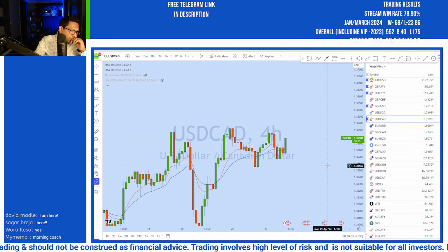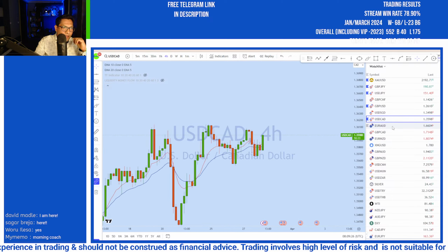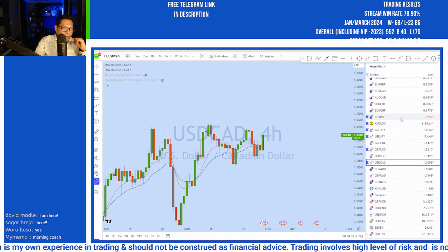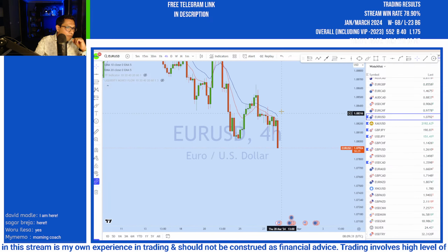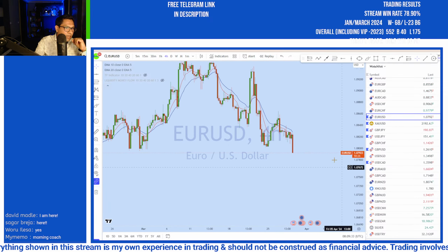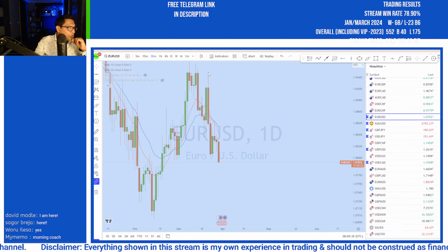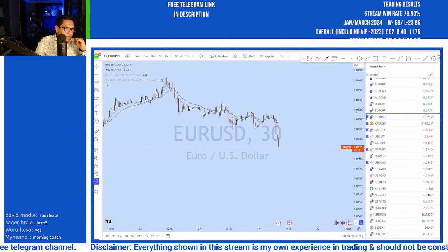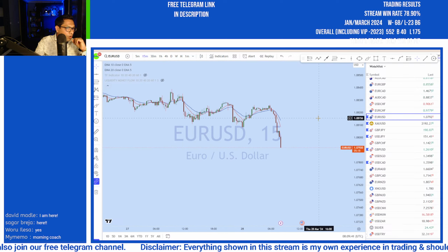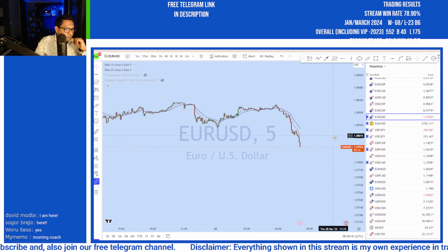Dollar CAD and all the instruments, euro dollar, it's melting completely to the downside. So let's see where our next opportunity is at this point. I would like to see the full picture in the market.